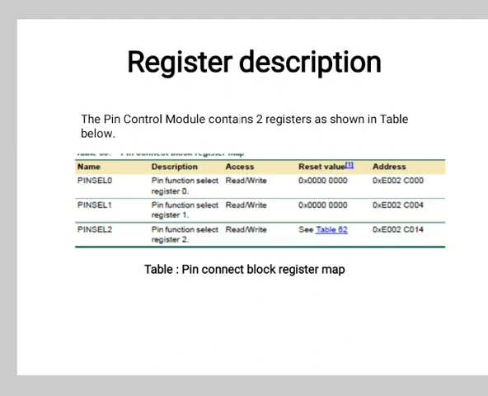The reset value is given here, that is 0x4 followed by 8 zeros, the same for register 1, and the addresses are also given. For register 0 it is 0x8002 C000, 0x8002 C004 is for register 1, and for register 2 it is 0x8002 C014.